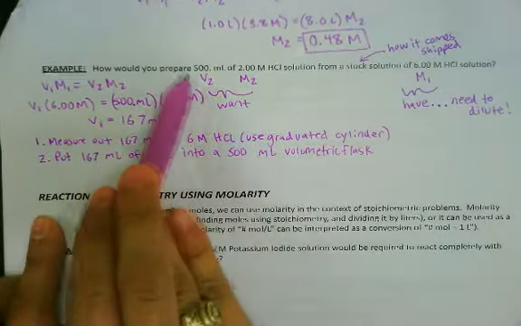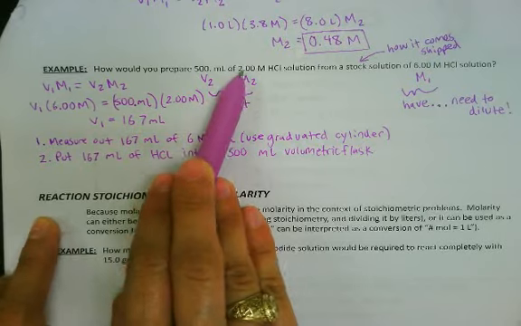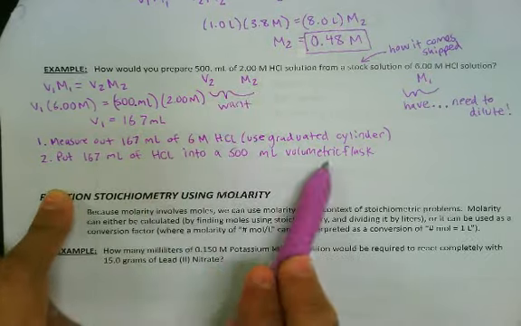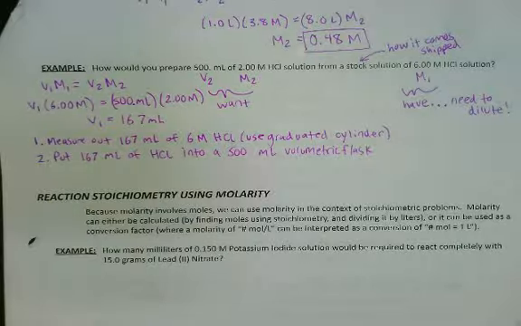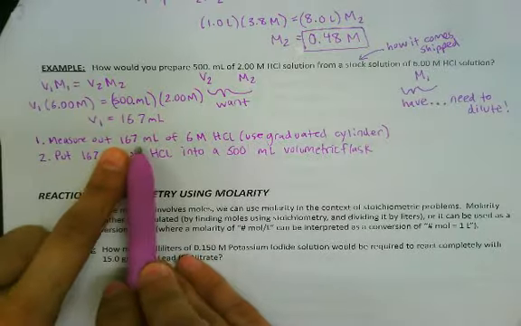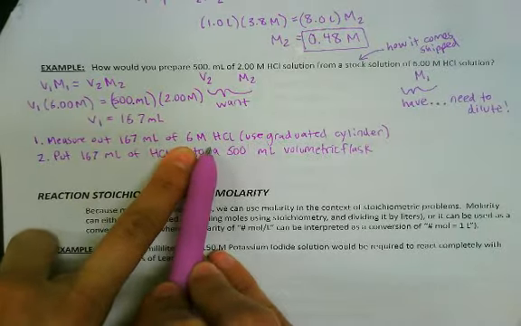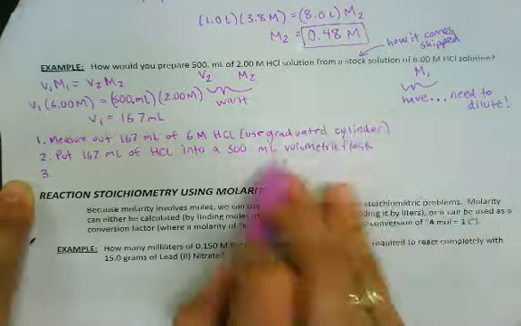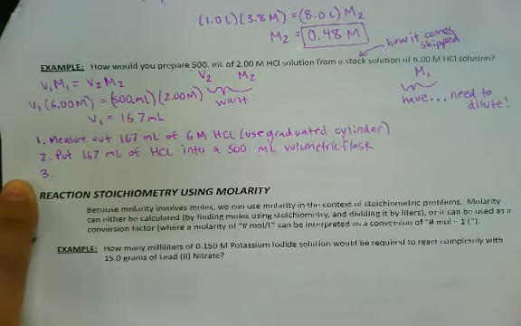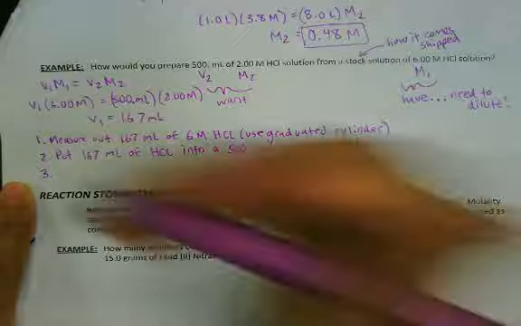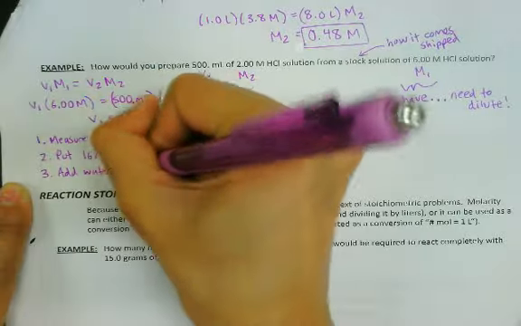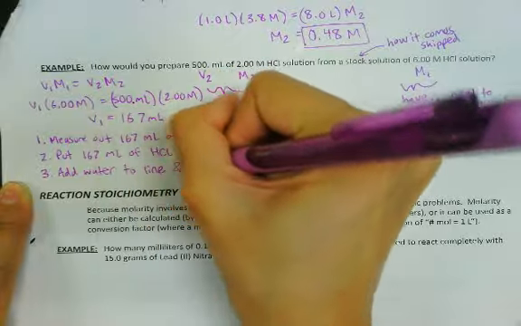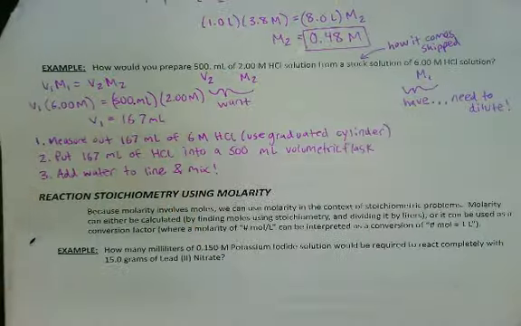Okay? We want to make 500 milliliters of a 2 molar solution. So we're going to get ourselves a 500 milliliter volumetric flask so we can make 500 milliliters of a solution. In order to make that solution, we need 167 milliliters of 6 molar HCl, which we put into the flask, and then we need to add water up to the line. We're going to add water up to the line, and we're going to mix them together.